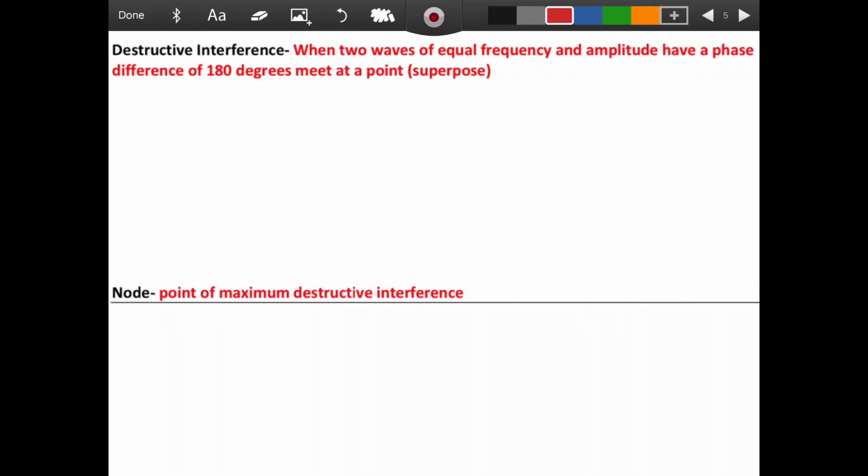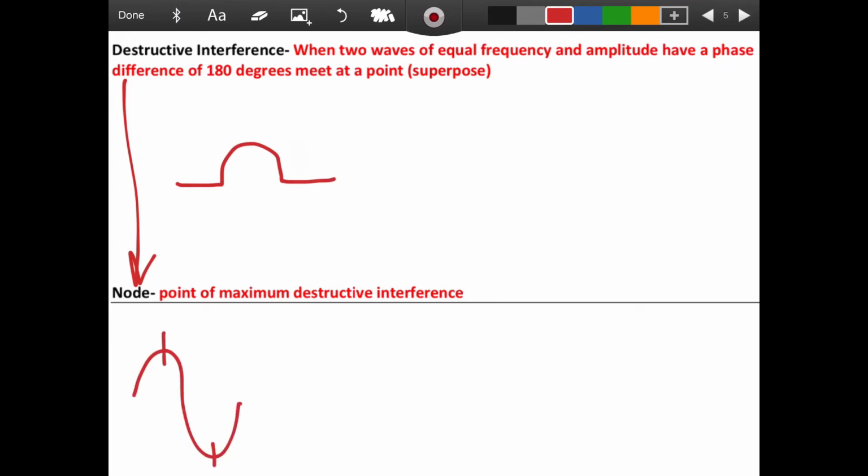Now, destructive interference is when two waves of equal frequency and amplitude have a phase difference of 180 degrees meet at a point or superpose. And destructive interference produces things called nodes. Now, let's do that same example. Let's say here we have a crest, but if we remember, out of phase means half a wavelength apart, which would be this distance.